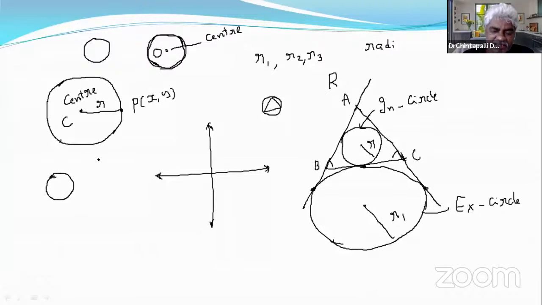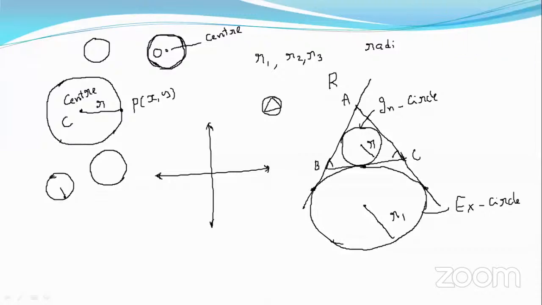Those two circles need not be the circle and X circle like this. If we have two circles in the same problem, these radii are denoted by small r1 and small r2.